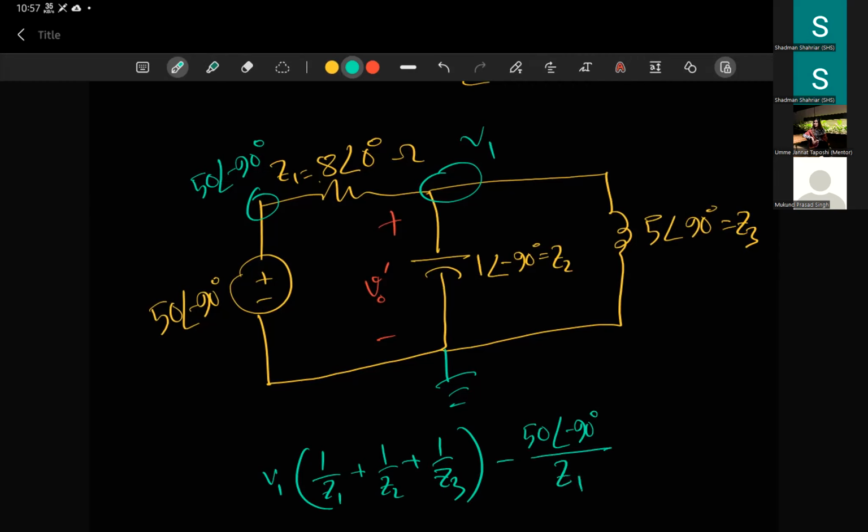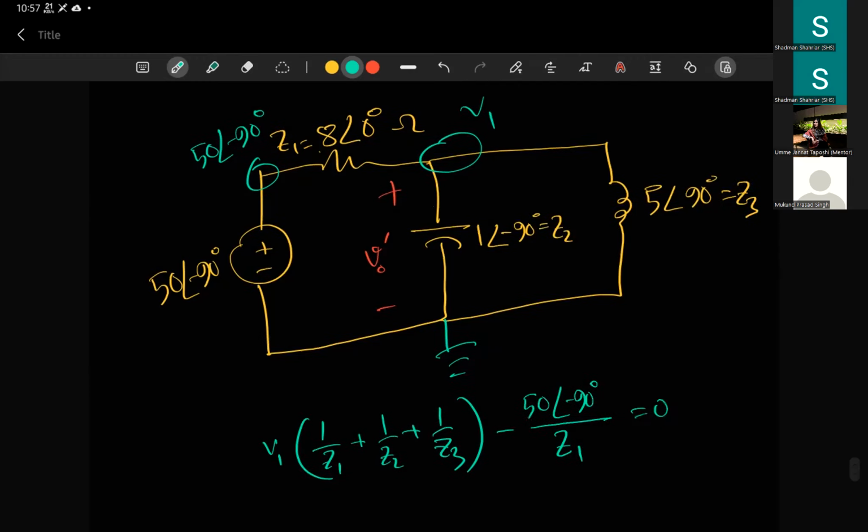The other ends of Z2 and Z3 are basically 0, so I'm not going to write them. This equals 0.